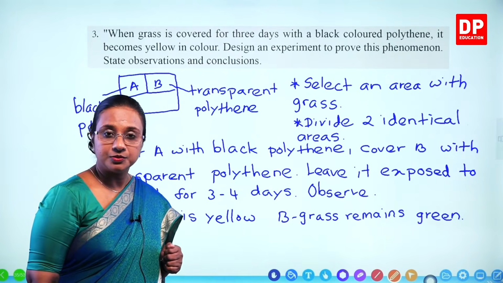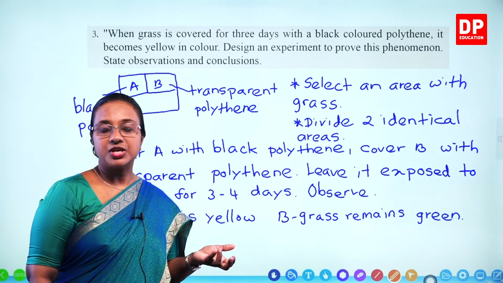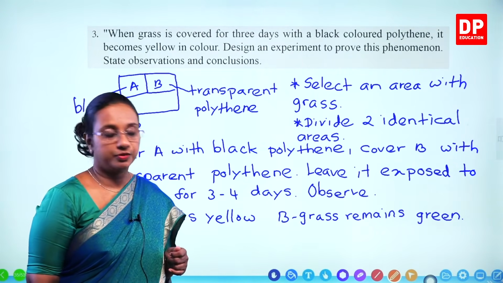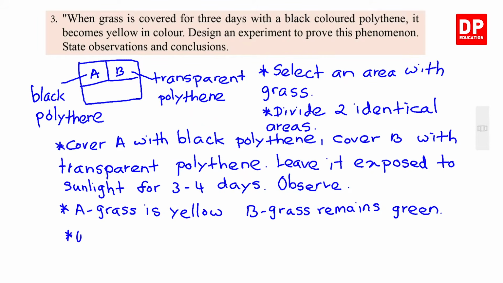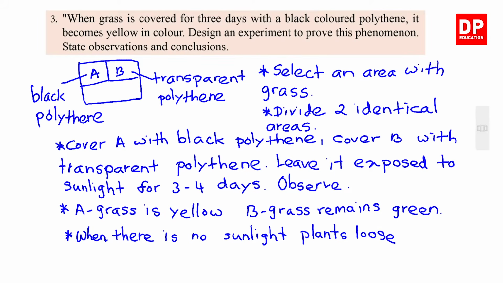What is the conclusion? Because there is no sunlight, there is no chlorophyll. When there is no sunlight, plants lose chlorophyll.